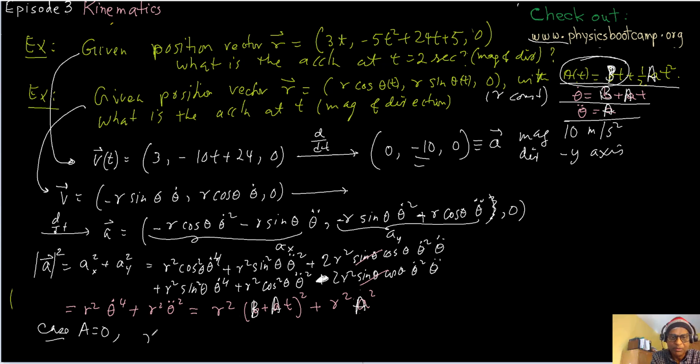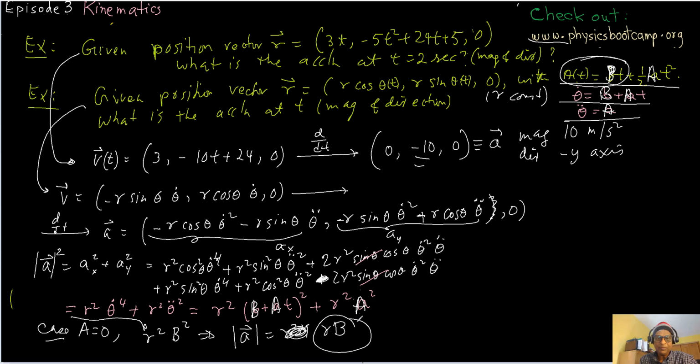Then at that point you have R square B square, and this goes away, and that just means the magnitude of A simply equals R times the square root of B to the fourth. So this will become that, and this is a pretty simple answer for that.